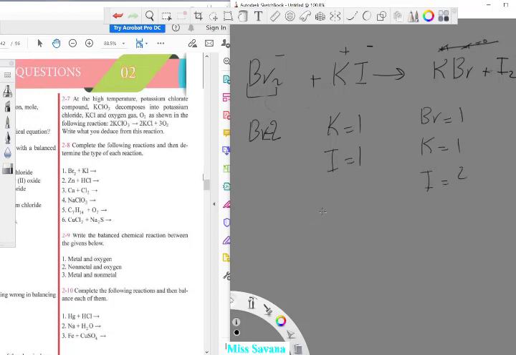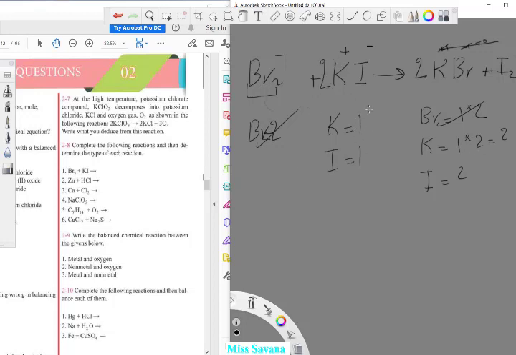You need to do some balancing. Okay, so let's do it first. Let's multiply this one by 2. Okay, so now I have 2 bromine, but I have a problem here because this is actually 2 and this is 1, so I multiply this by 2.